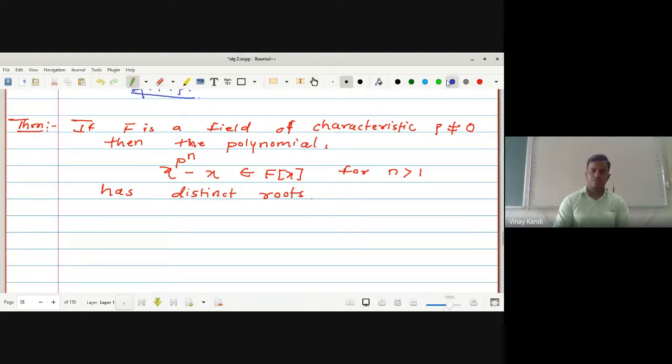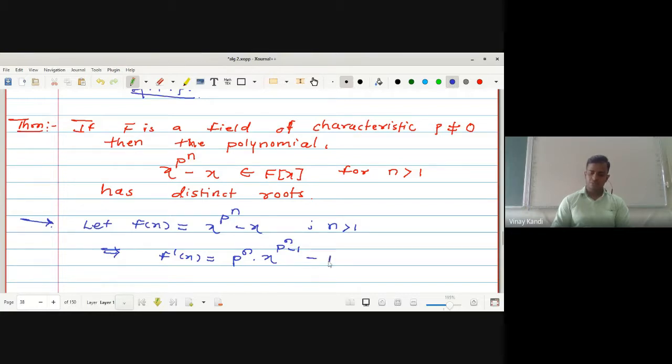Look at that. What is given to us? Let f(x) equal x raised to p raised to n minus x, for n greater than 1. This implies f'(x). What is f'(x)? p raised to n into x raised to p raised to n minus 1, and the derivative of x is what?